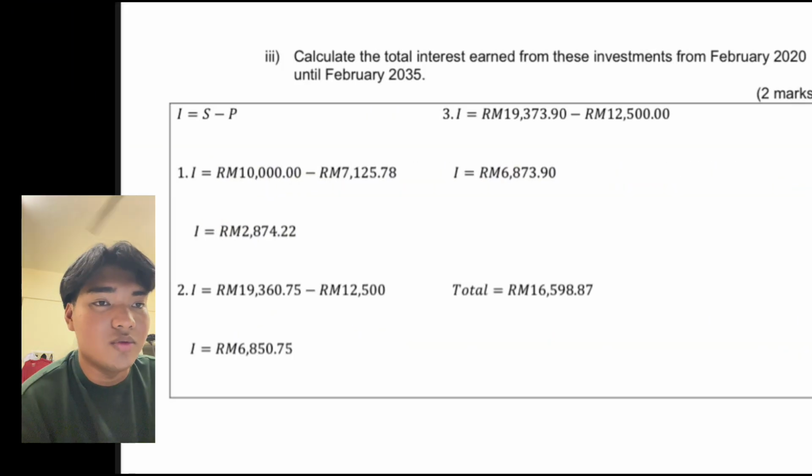So we move on to number 3B. Calculate the total interest earned from this investment from February 2020 until February 2035.